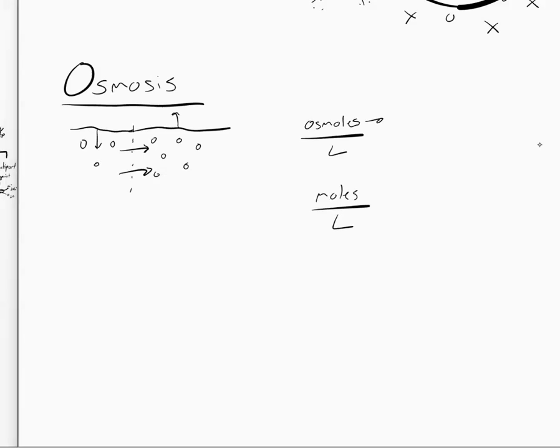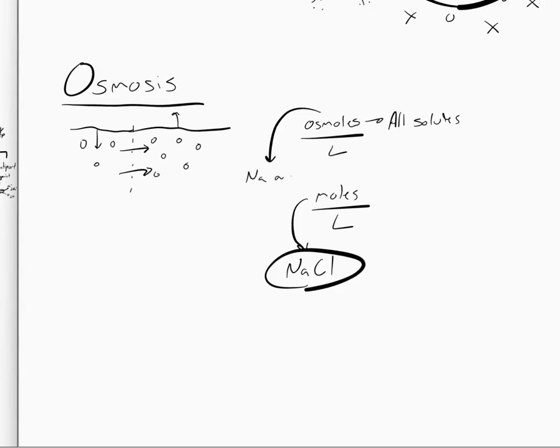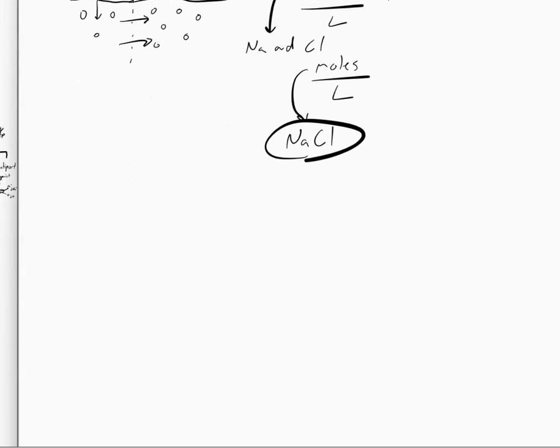A good example of this would be NaCl. Moles would only take into account it as NaCl, whereas osmoles would take into account that it dissociates as Na and Cl. So you'd have two different particles within there, and osmoles will take that into account.